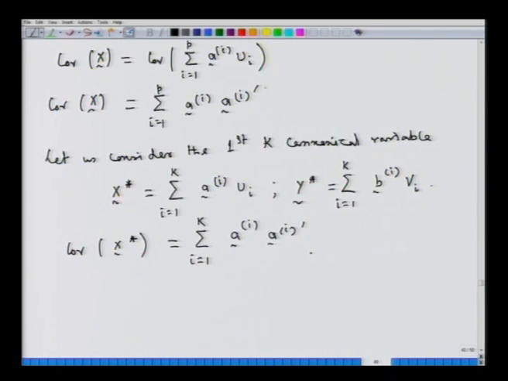So, this covariance matrix of x, which is the summation i equal to 1 to p, is now being approximated by the covariance matrix of x star, which is the same summation up to the term k. We are basically saying that the terms from k plus 1 to p in this sum are neglected. Similarly, the covariance matrix of the y star vector is going to be given by the summation i equal to 1 to k of b_i b_i transpose.